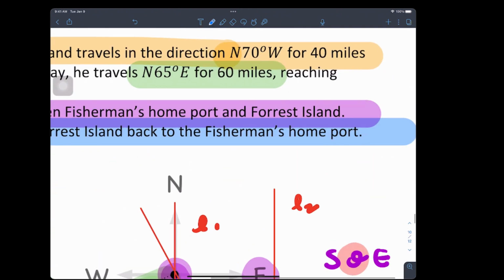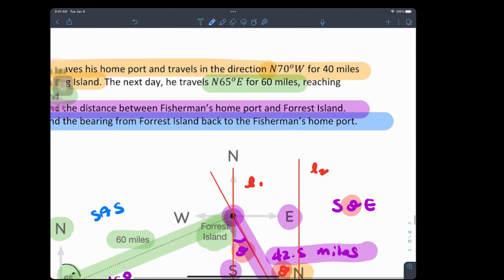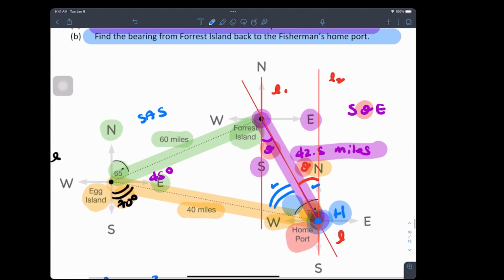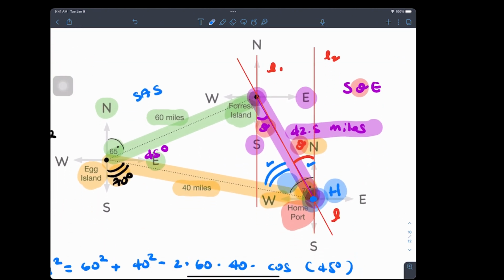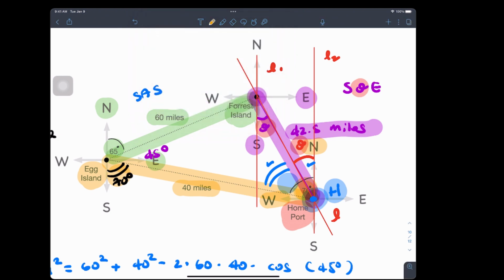Let's read the first sentence again. North 70 degrees west for 40 miles. Home port, north, west. So northwest. So that should be 70.